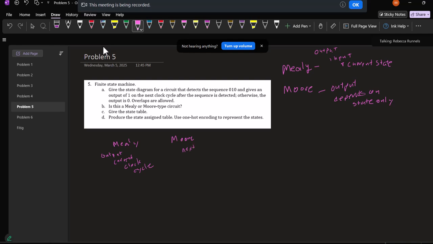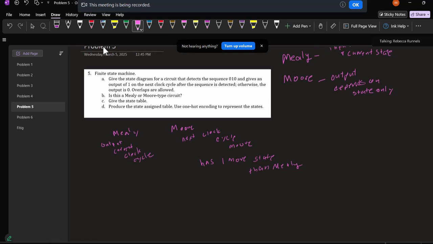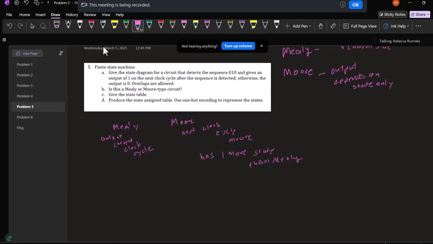If it says the next clock cycle, it's going to be Moore. Moore has one more state than Mealy. And it's easier to draw the state table and to get the circuits for it.